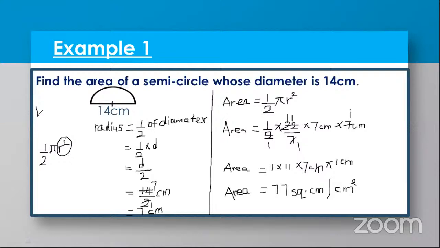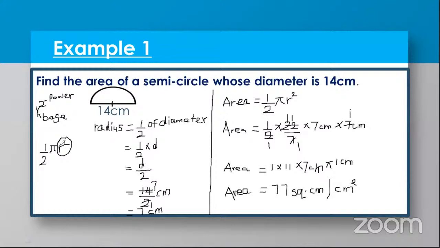When a number is written as r squared, this square is called power. That is power. Jude, are you with me? Then this r is called the base.